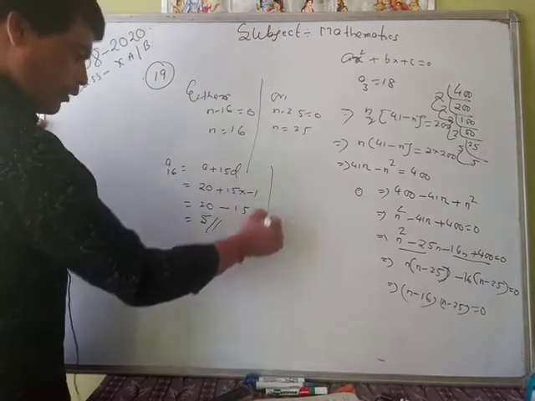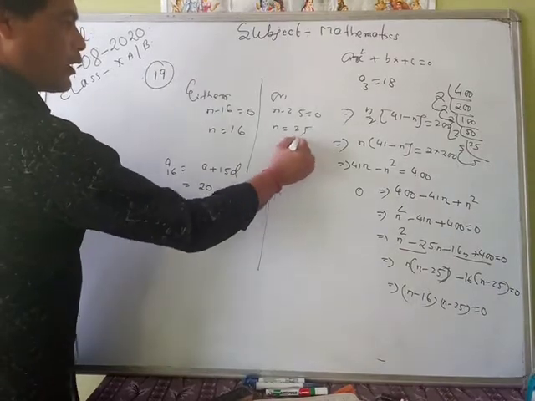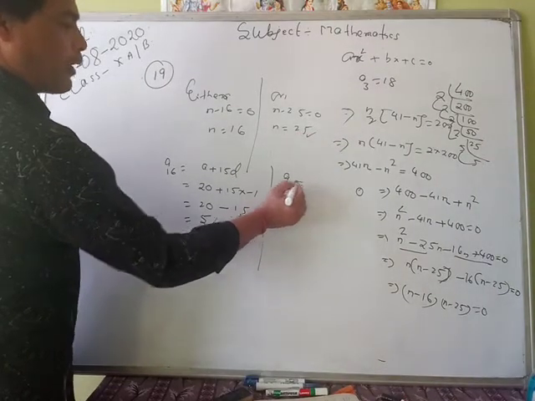Again you have to do a, किन भने 25 छ नि, a25 you have to find out.